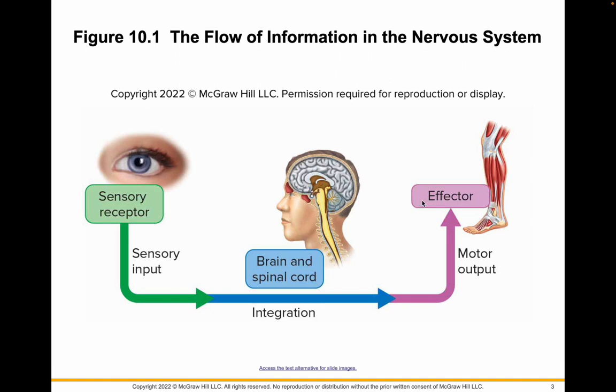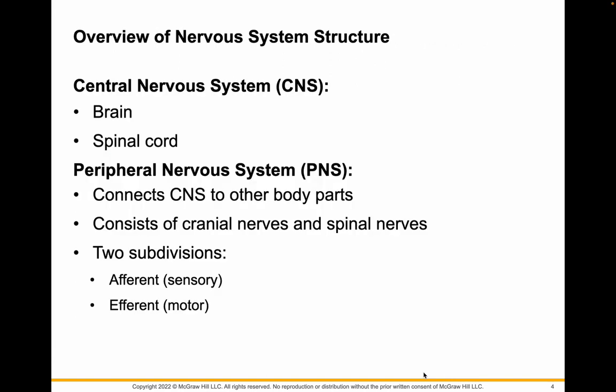And this is also part of the peripheral nervous system, because it's going off of the sides. So these are the sides, and this is central. The sensory receptor is what is found on what's called a sensory neuron, and then the effector will be affected by whatever the motor neuron transmitter is.